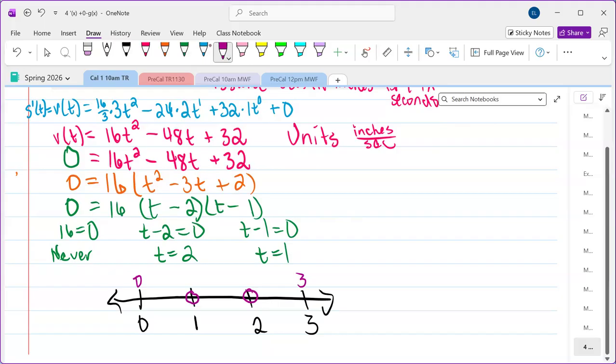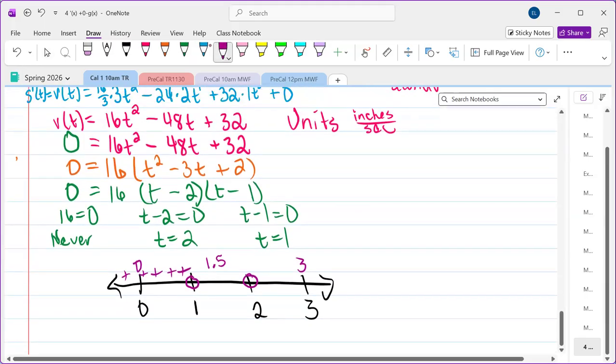But I also need to pick a number between these two. So we'll go with 1.5. So plugging in 0, 0 minus 2 is negative 2, 0 minus 1 is negative 1, negative 2 times negative 1 is positive. So everything to the left of 0 is positive velocity. Sorry, everything to the left of 1.